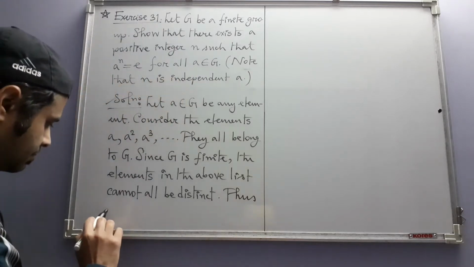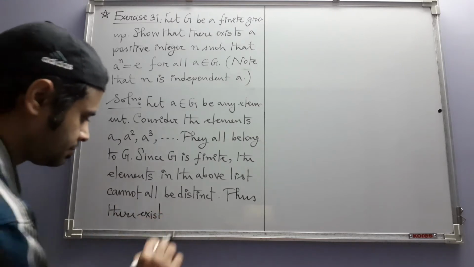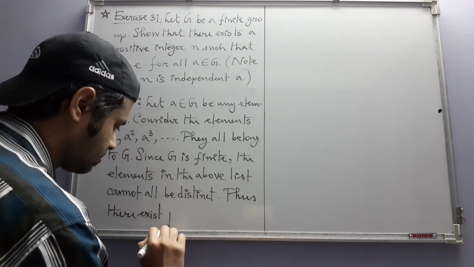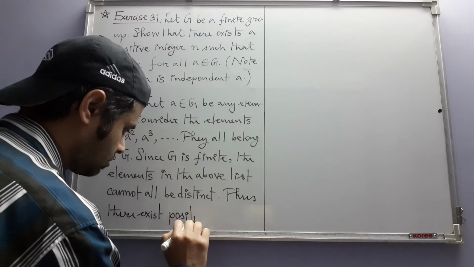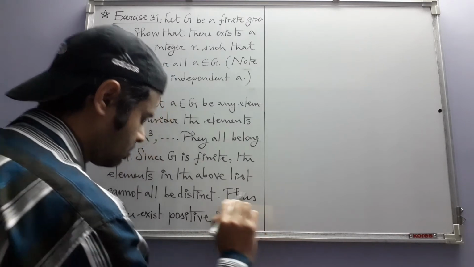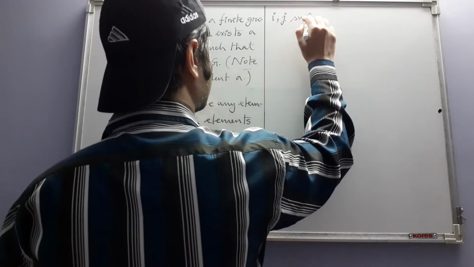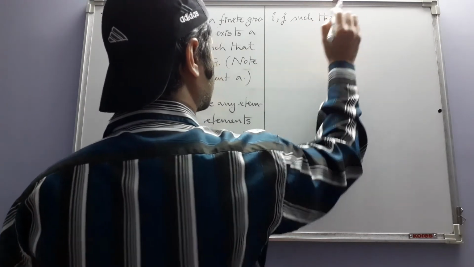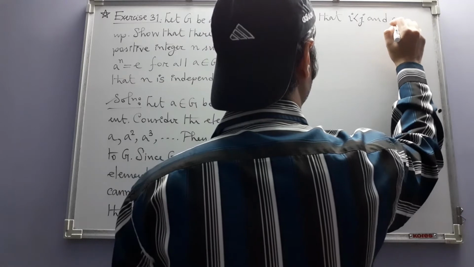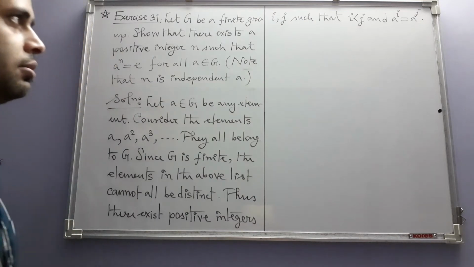Thus, there exist positive integers i and j such that i is less than j and a to the power i is equal to a to the power j.